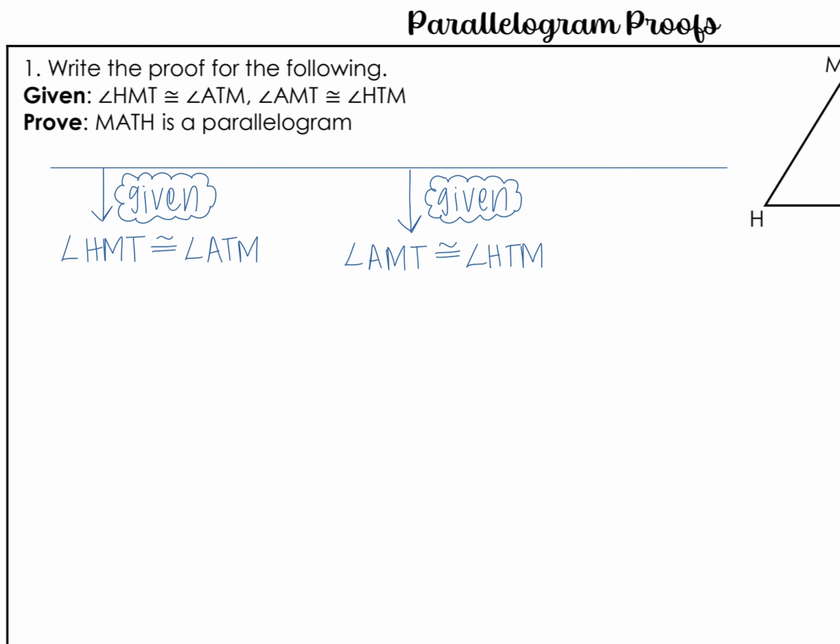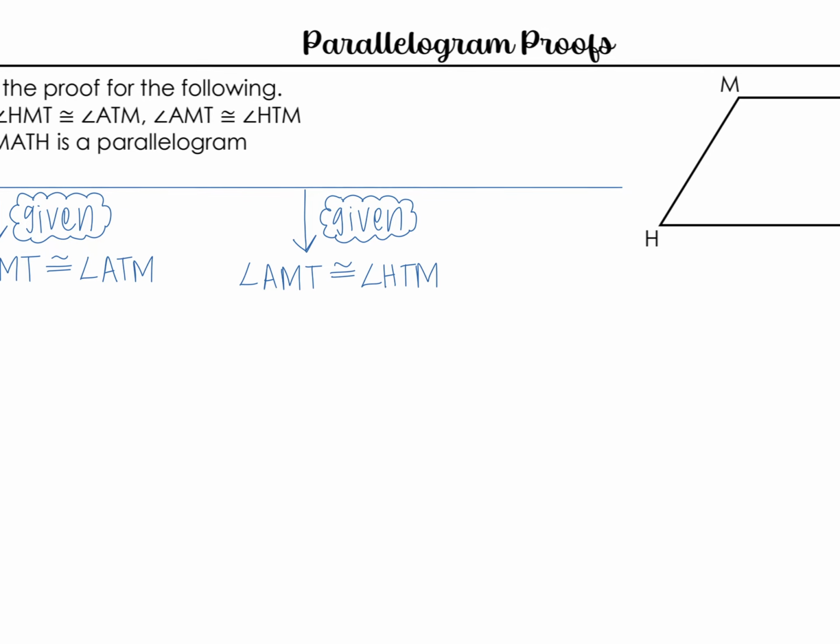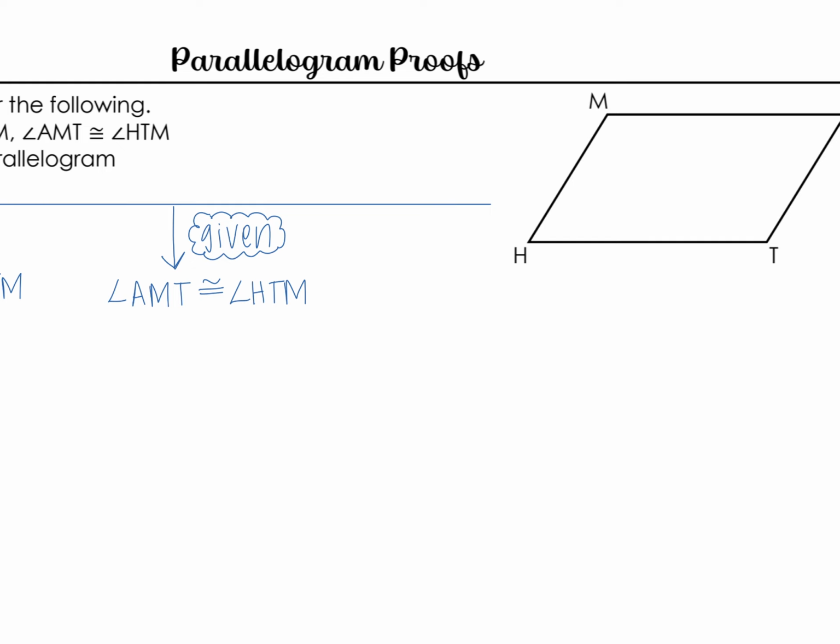All right, from there, let's just move over and highlight that in our picture to see what we're given. So we have angle HMT. For that, I do need to draw out a diagonal being formed here, so just give me 1 second to do so.